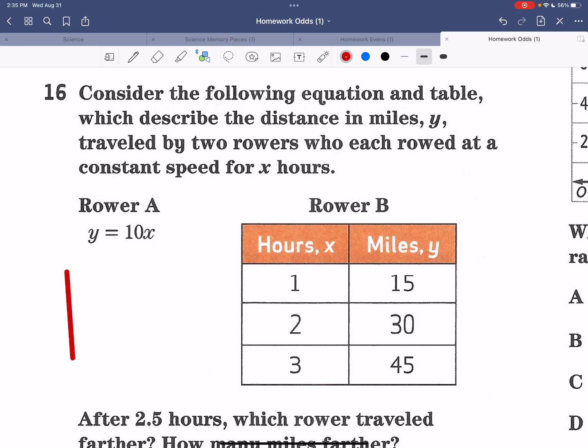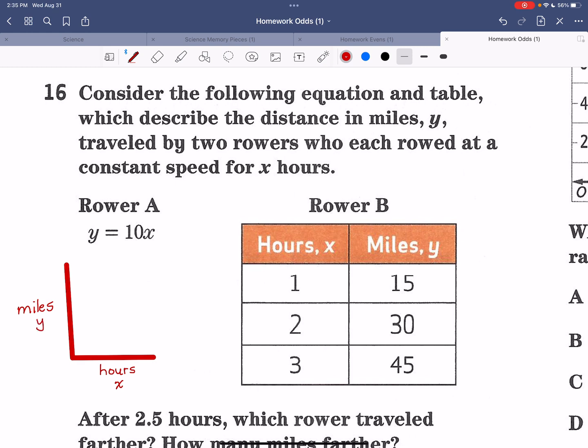You have on the y-axis, you have miles. That's the best I can do, guys. I'm sorry. You have miles as your dependent variable. So the miles traveled will depend on the hours rowed. So X is hours, Y is miles.